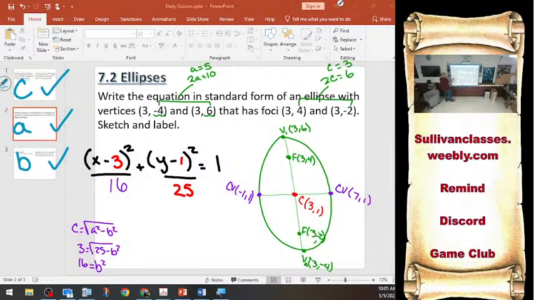Did you put them in the correct orientation, so you actually have this stretched vertically and then put those coordinates in the correct spots? And then the last one, you actually wrote your co-vertex. Because remember, purple was already there. That was all given. So you found your A, your B, and your center correctly. You have them in the correct spots. You actually labeled your center and your co-vertex. Okay.